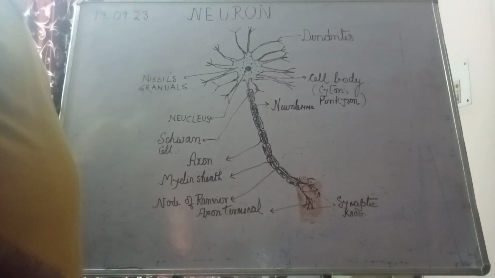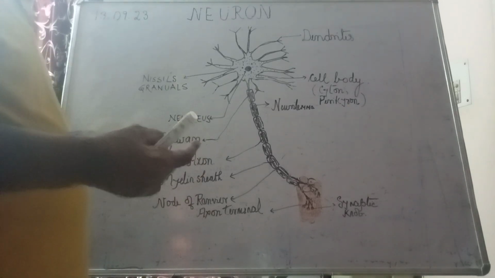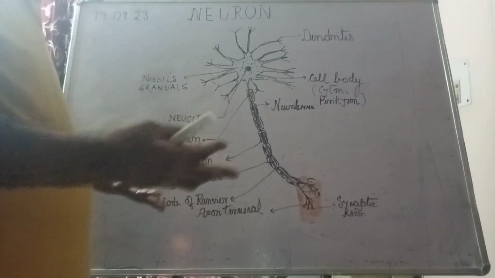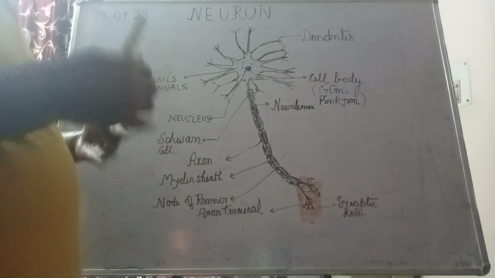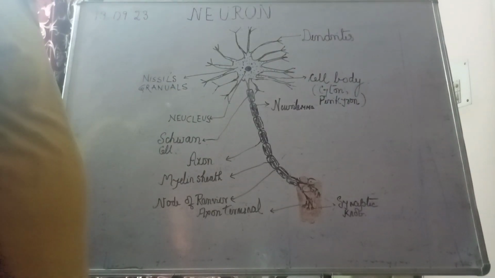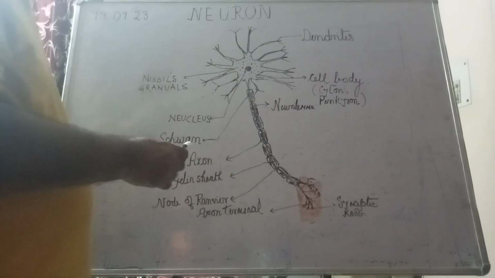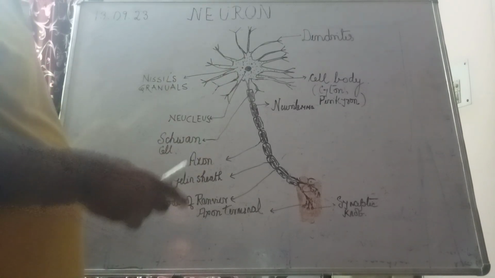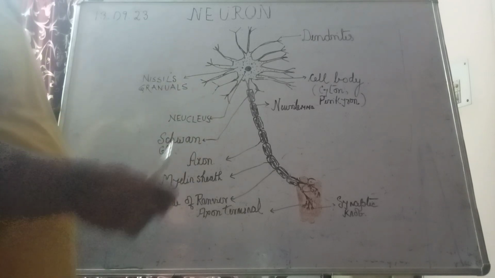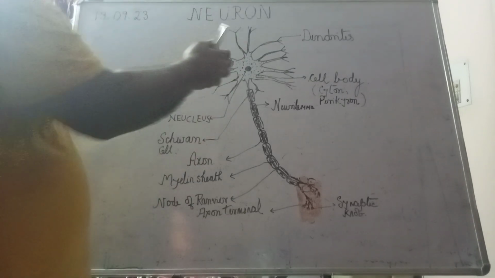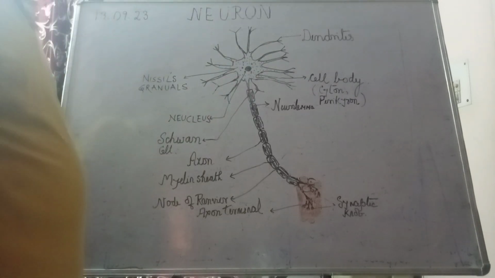Whenever there is a stimulus, maybe of heat, maybe of pressure, touch, etc., at a particular point, then a response will be there. So the response takes place like this. At that particular point, the sodium ions will enter inside and will replace the negative ions.